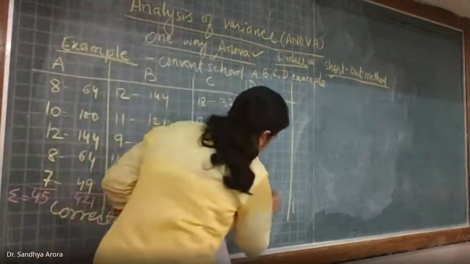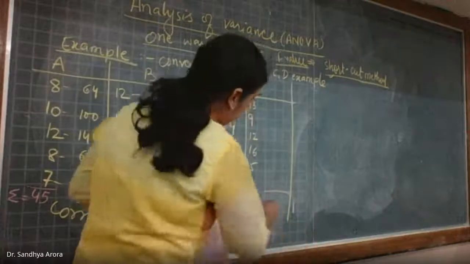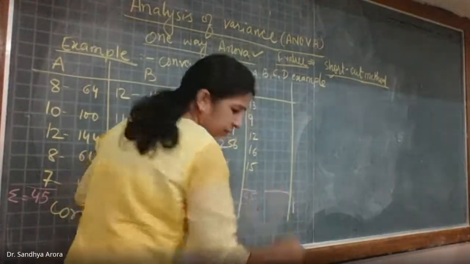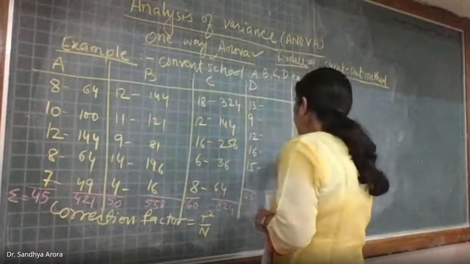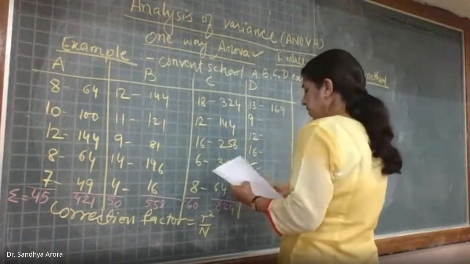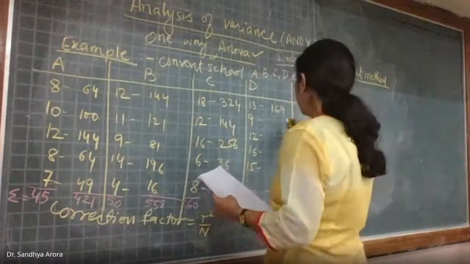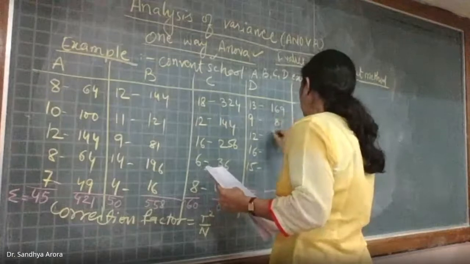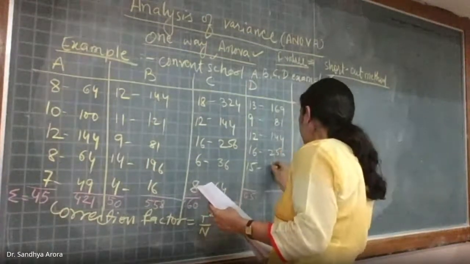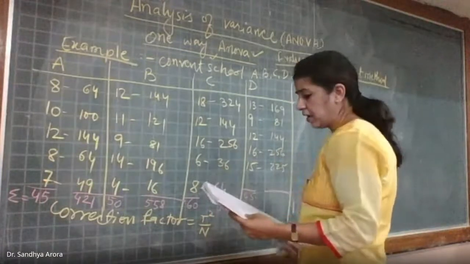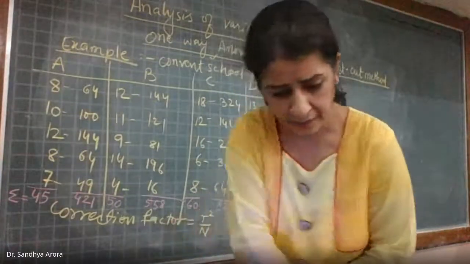Likewise, do the summation here. This summation we have already calculated, this is 65. Square of 13 is 169, 9 square is 81, 12 square is 144, 16 square is 256, 15 square is 225. So the addition is 875.